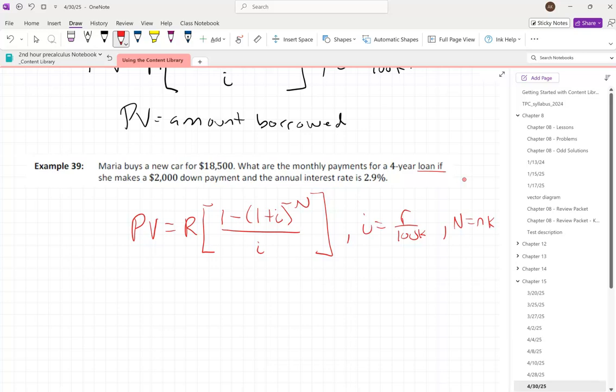So let's see. We're asking for the monthly payment, so we want to find our R. N is 4.